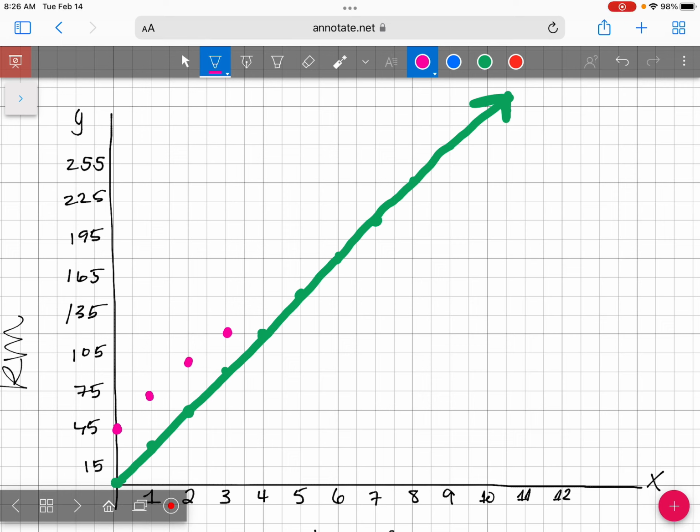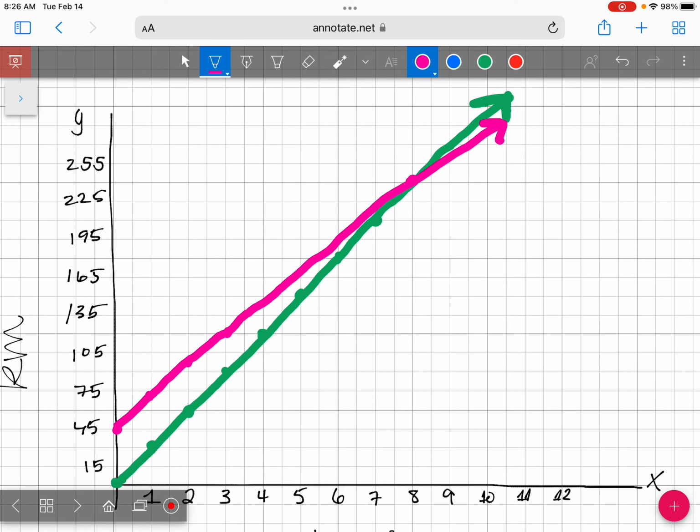You plug 8 in for x in your original equation, and you should get 245, which is about right where Dan's line is, or Ryan's line is. And then we connect all our dots. That's a really bad line, I'm very sorry. Using your ruler, you're going to connect your dots.